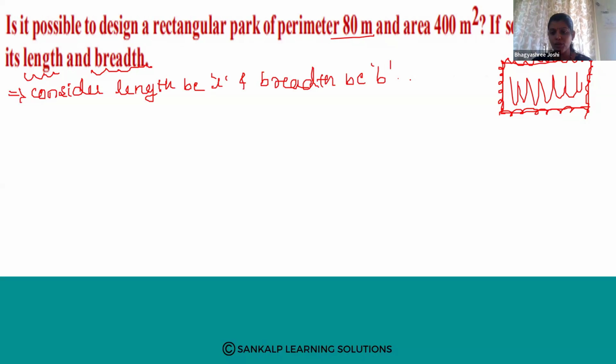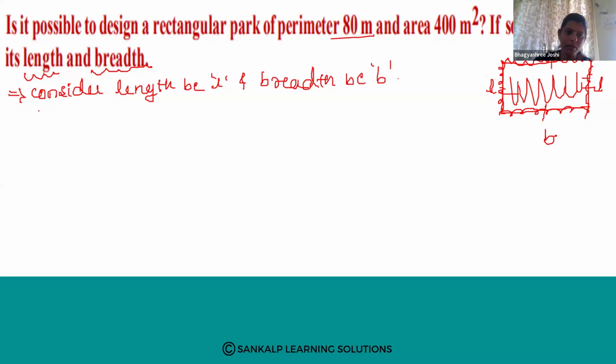Then tell me the formula to calculate the perimeter of the rectangle. See, if we consider this is L, this is also L, because in a rectangle opposite sides are equal. If we consider this is B, this is also B. So 2L are there, 2B are there.